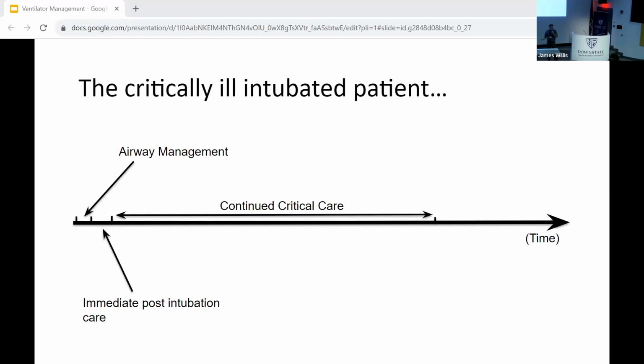And then we have all the continued critical care, some of the topics that Dr. Conrad just discussed. And then ultimately we have to have a discussion about what's the ultimate resolution. Are we extubating a patient with the goal of rehab and recovery? Is the patient getting a tracheostomy? Or are we pursuing more of a palliative approach and comfort care?